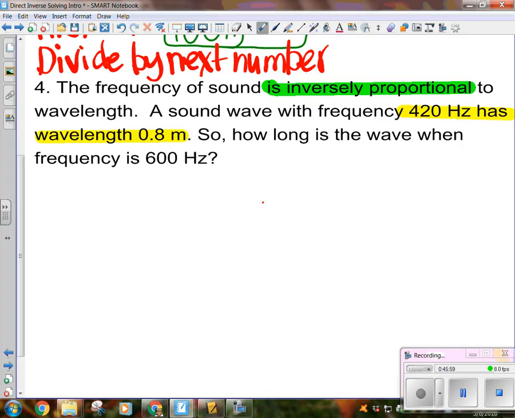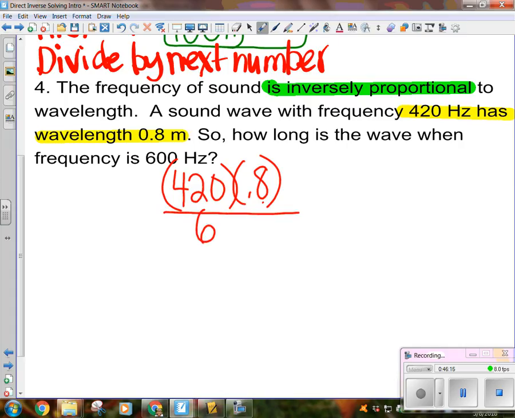We're going to multiply those. 420 times 0.8. And then you're going to do what? Divide it by the next number. What's the next number? 600. Anybody got my answer? 0.56.